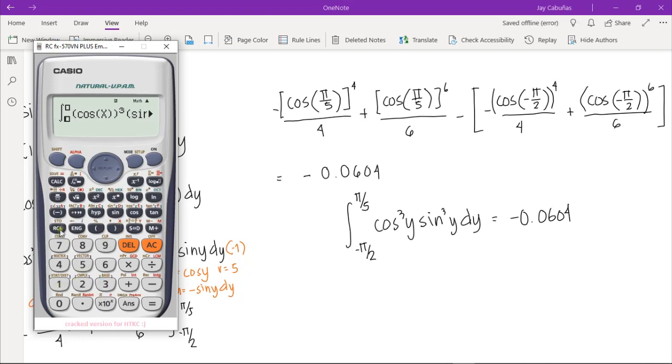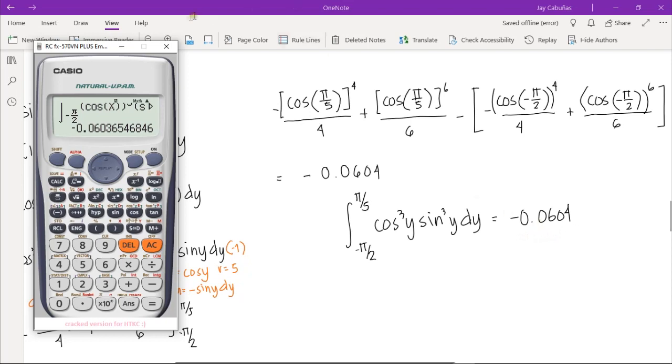Then we have limit from negative pi over 2 to pi over 5. So we have the answer here, negative 0.0604. So we have the same answer as the answer from our calculator.